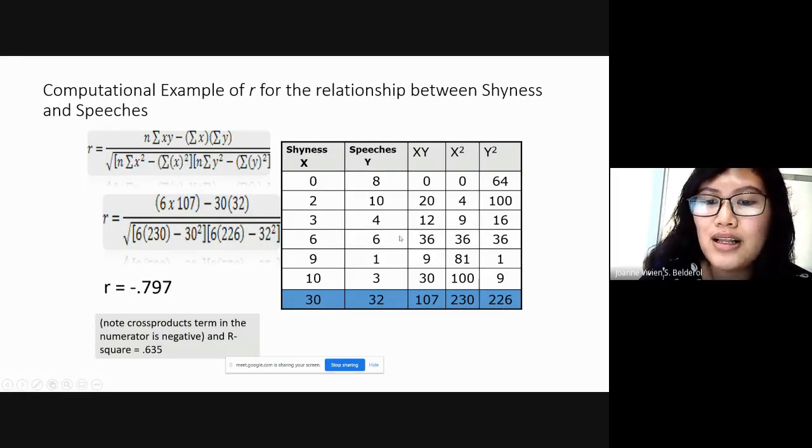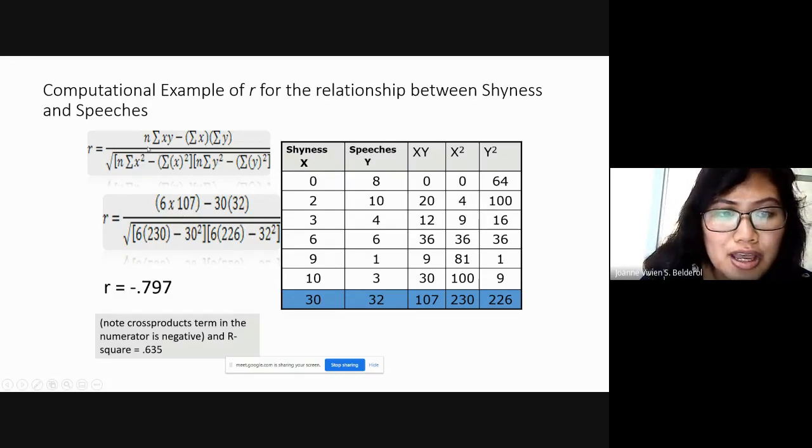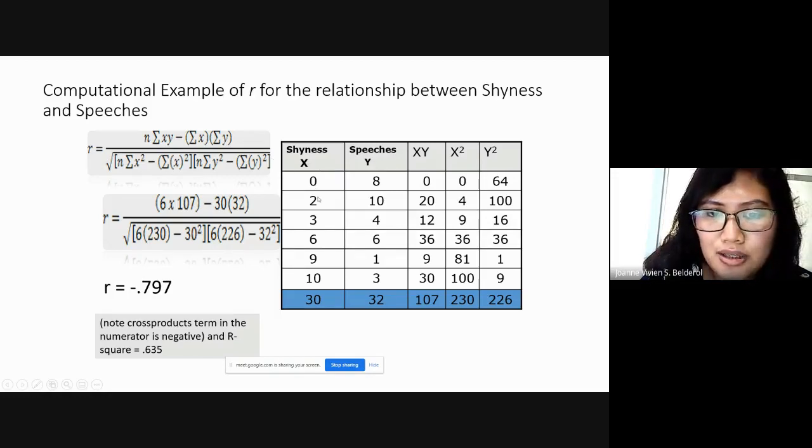Then you simply substitute in the formula. First you have n times the summation of xy. Your n is the number of data: 1, 2, 3, 4, 5, 6. That's why you have 6 here.